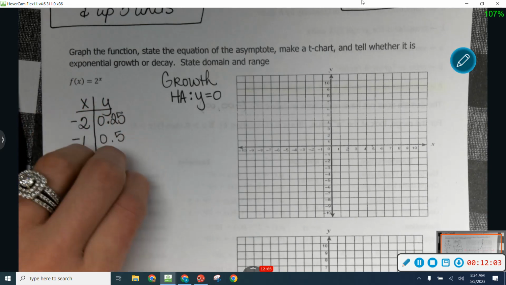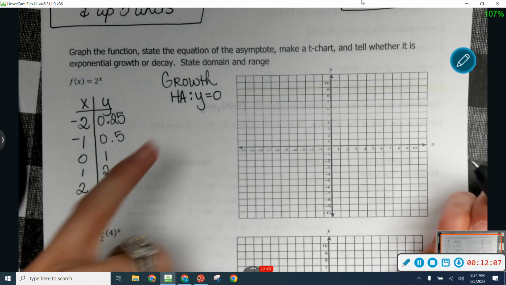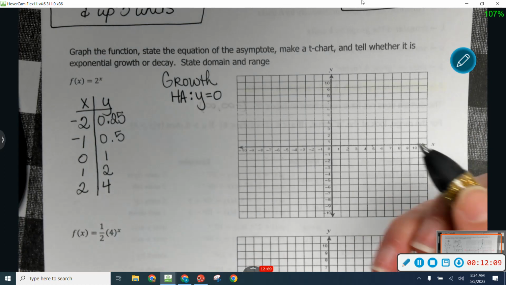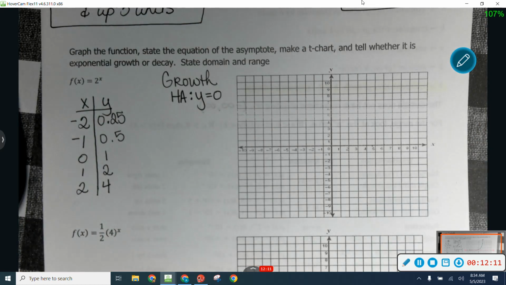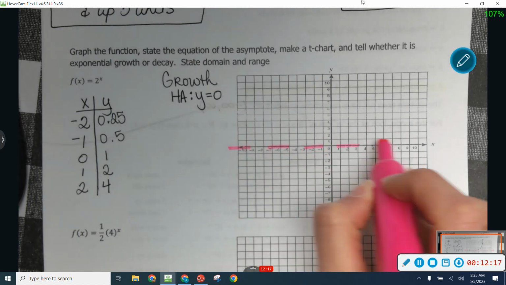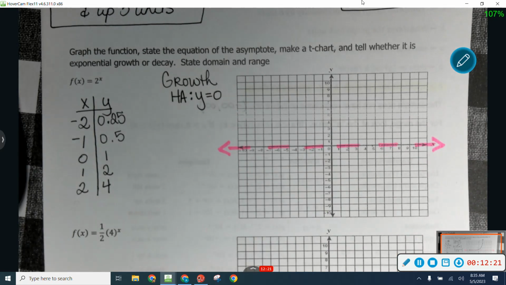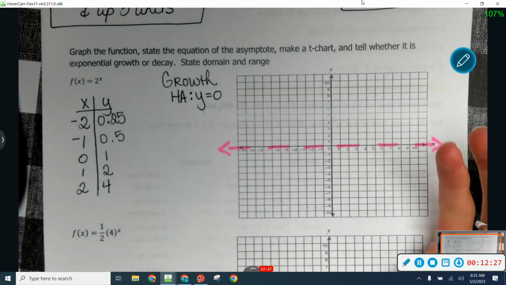If we have transformations, then we're going to do a transformation table like we always do. So here, I'm going to graph my horizontal asymptote. So y equals 0 is going to be my dashed horizontal line. If you're doing it in pencil, make sure I can see that you have the asymptote there. And then you're going to plot your points.